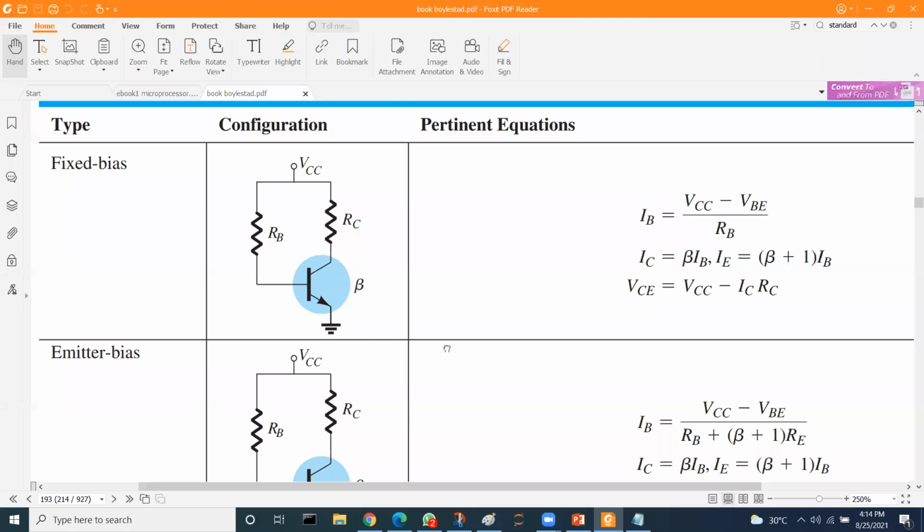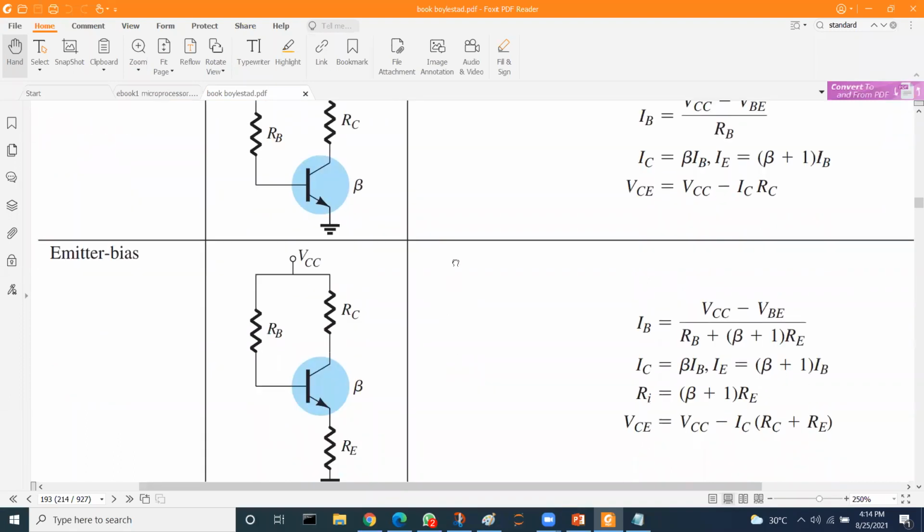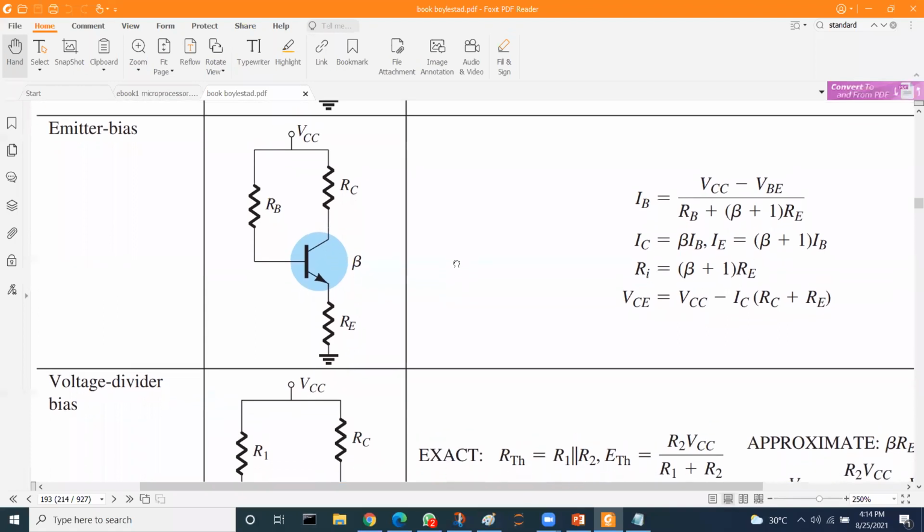So there are also standard configurations like emitter bias configuration. In this circuit, as you can see, one resistance is added. So this is the resistance which is added.